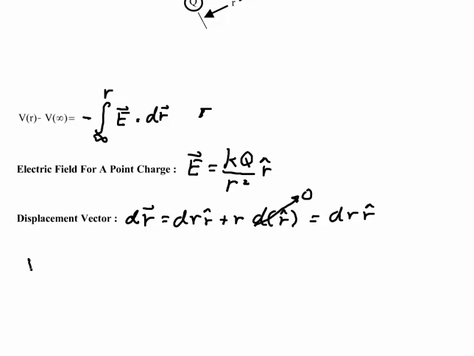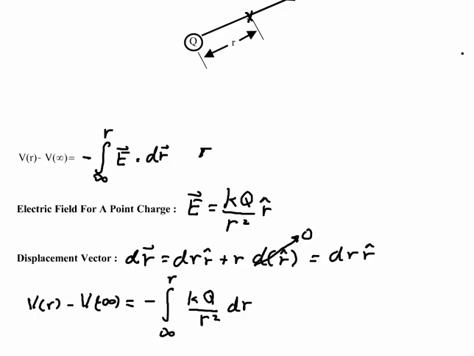Now to find the potential, I have V of r minus V at infinity is equal to minus the integral from infinity to r of kq over r squared dr. Now there's a tendency of students, when they say differential, to say, whoa, aren't we coming in the negative r hat direction, and so shouldn't I put a minus in this dr?